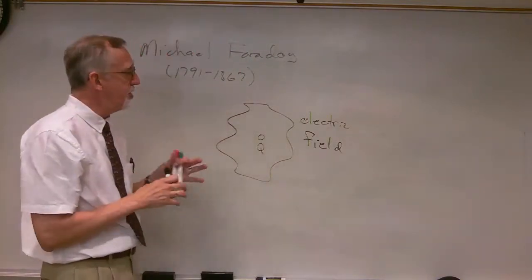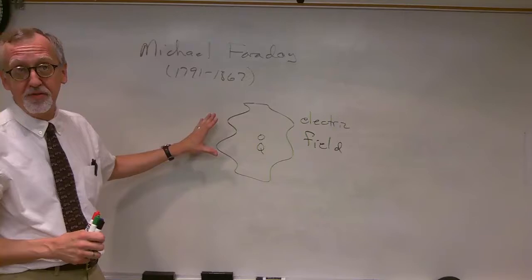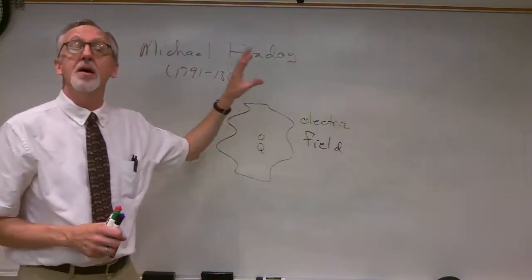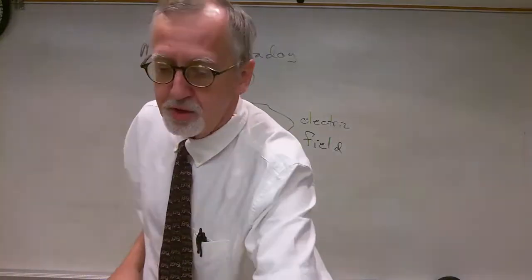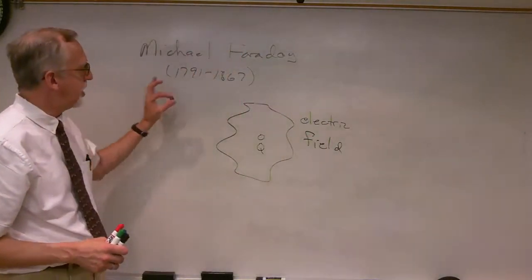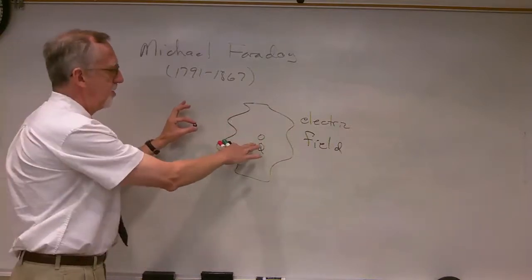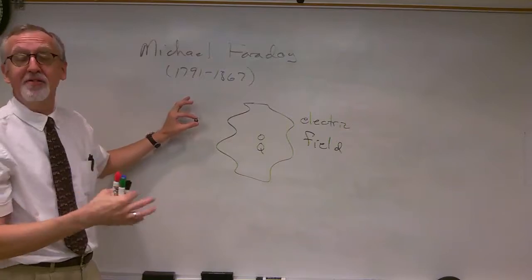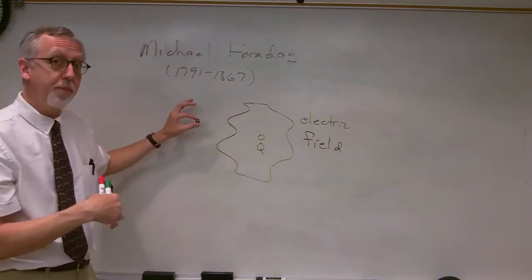When we put another charge in the presence of this field, that charge experiences the field as a force. So imagine we've got another charge, here's a small charge. We put this charge in the field of this force. This charge experiences that field as either an attractive force or a repulsive force.